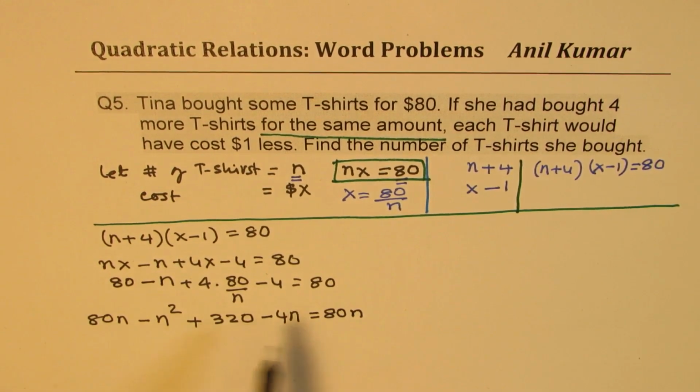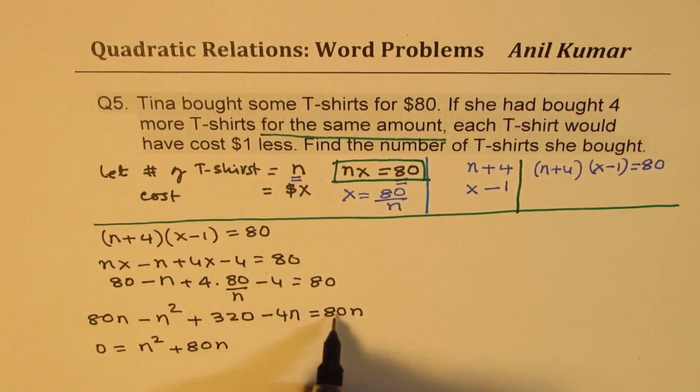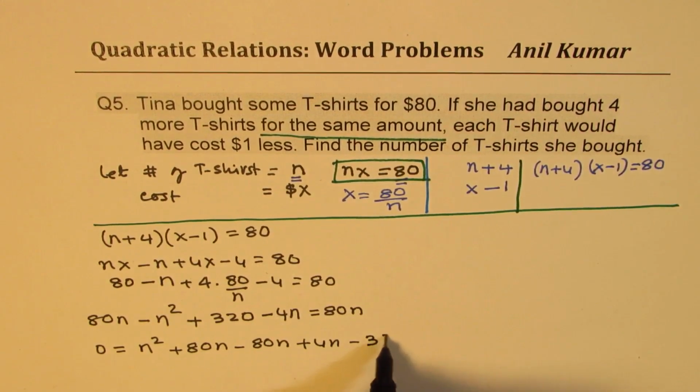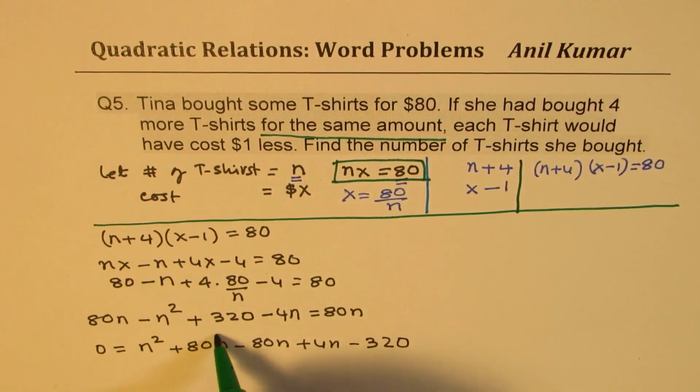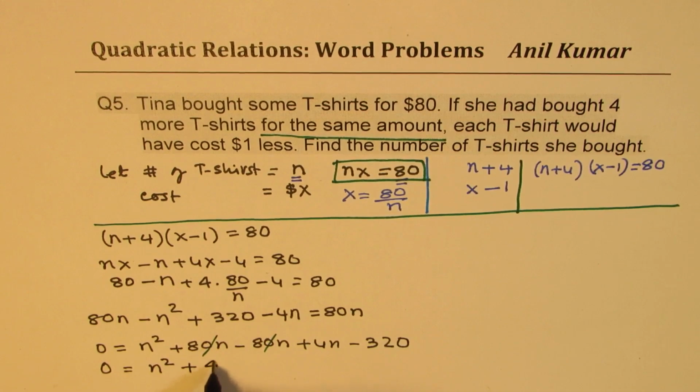Now let's bring everything to the right side, since this n square is negative. So we have 0 equals n square, plus 80n minus 80n, they will cancel, plus 4n minus 320. When you combine these terms, we are left with 4n. So we have 0 equals n square plus 4n minus 320.